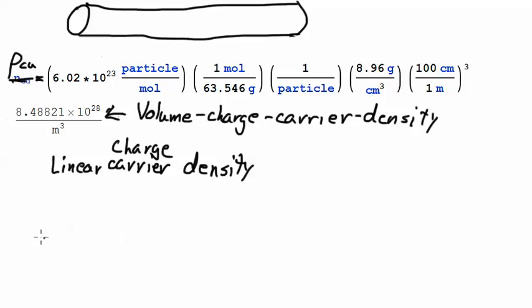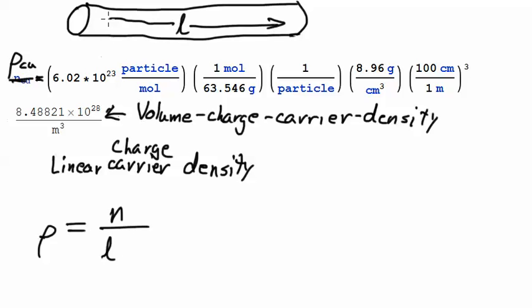And then I can say that rho is equal to N over the length of the thing times the area of the thing.